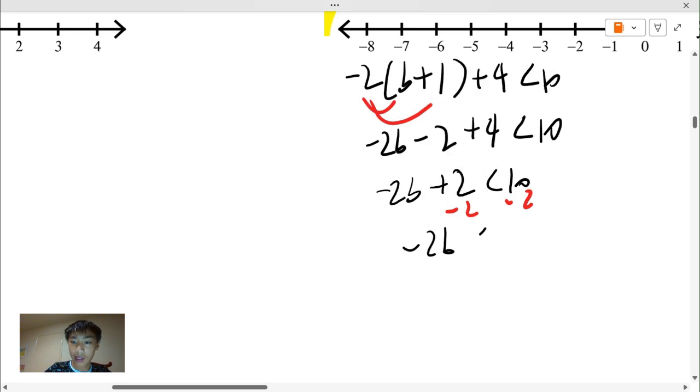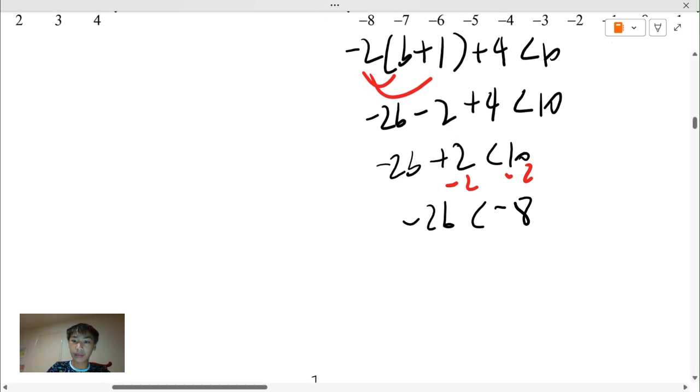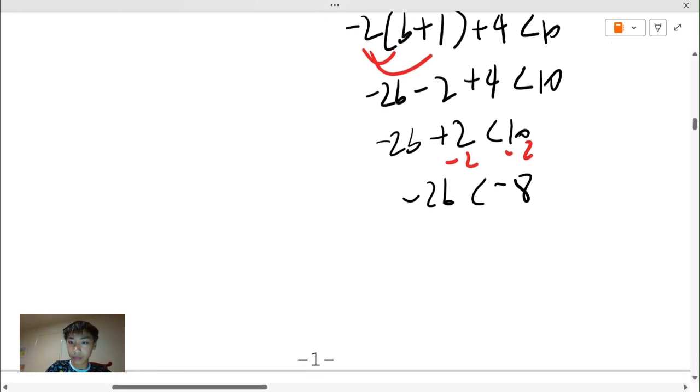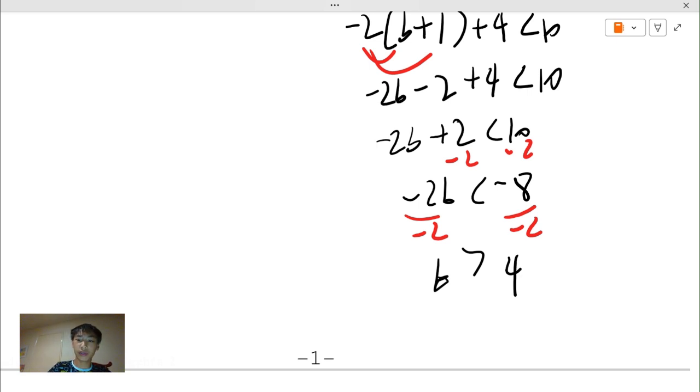Minus 2b is less than minus 8. And we divide by negative 2 on both sides. We get b is greater than, because you're going to flip the sign, b is greater than 4.